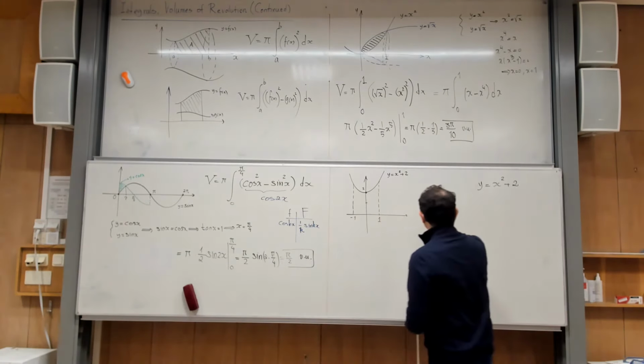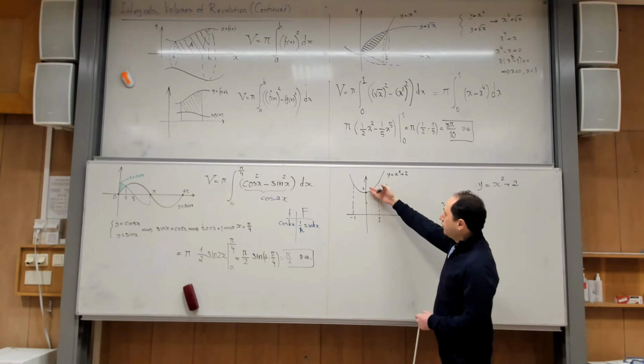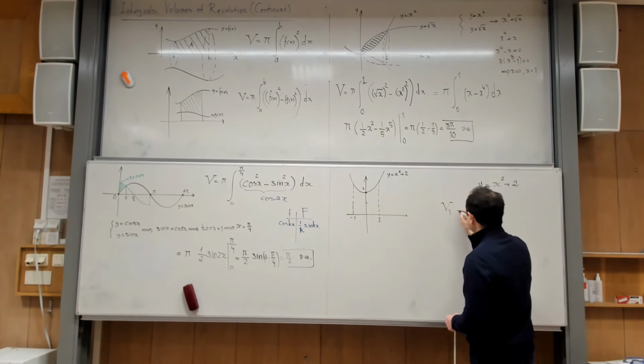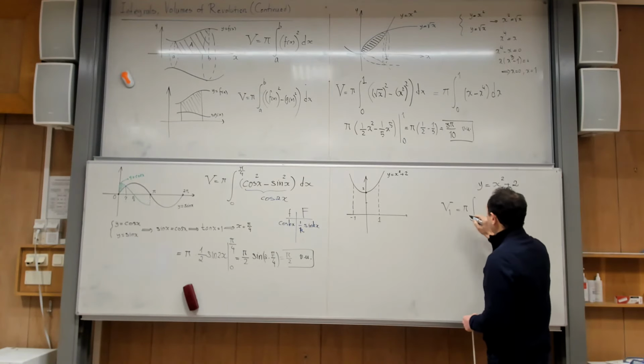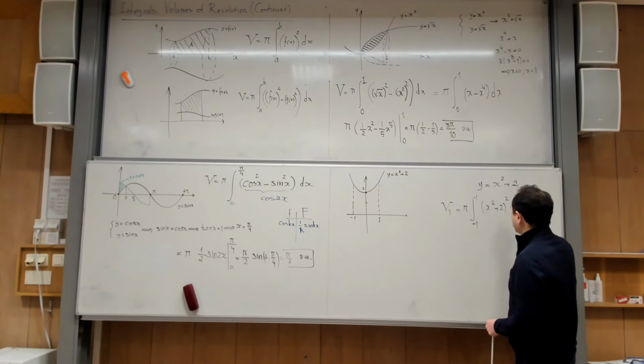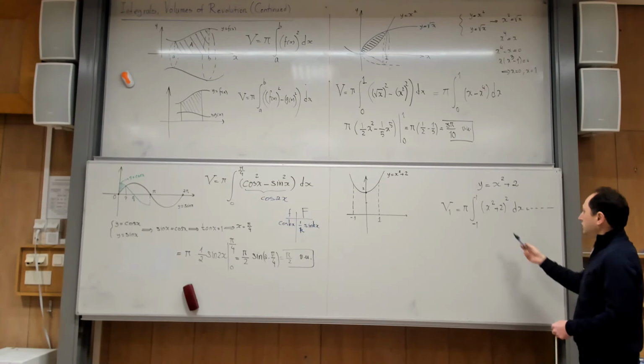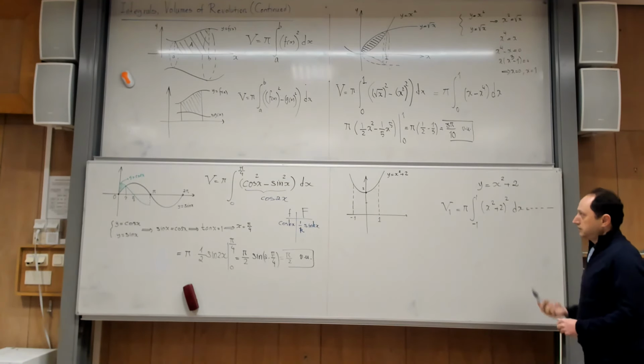Let me call it volume number 1. If I rotate the whole area about the x-axis, the formula tells me that I have to calculate from minus 1 to 1, take my function and square it, and then dx. And then this is a simple problem, so you can continue, by expanding it and solving it.